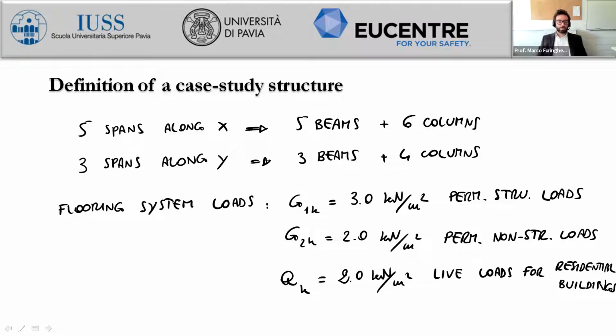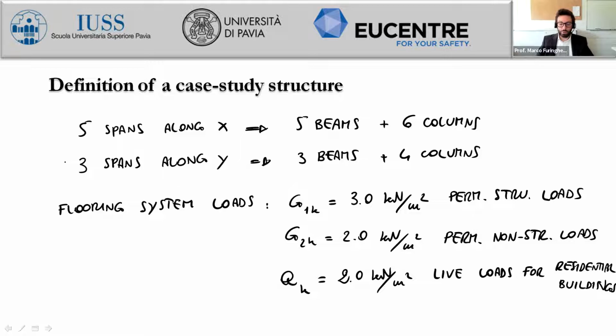But according to this information on external loads and the geometry that we know about the overall development of the building, we will come up with a rough estimation of the global mass of the overall system.